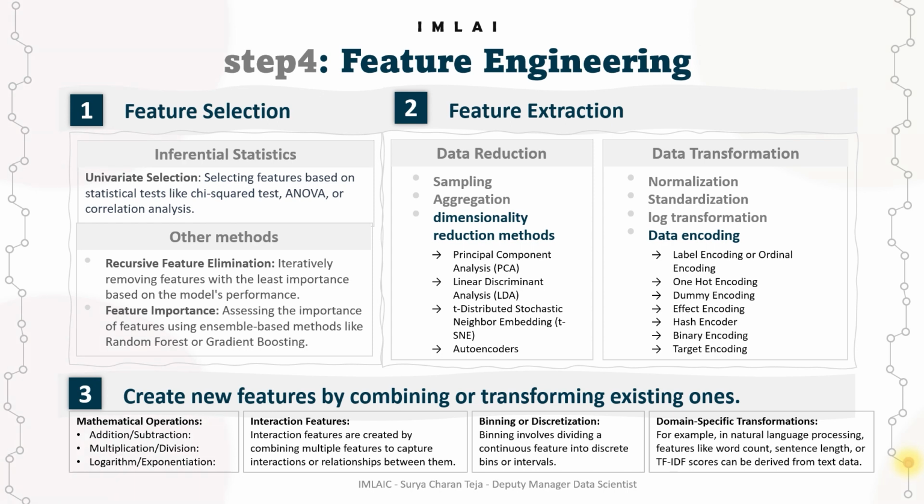Feature engineering can include tasks such as selecting relevant features, handling categorical variables, creating interaction terms, scaling or normalizing features, and applying mathematical transformations. The objective of feature engineering is to provide the model with more informative and discriminative features that can enhance its predictive capabilities.